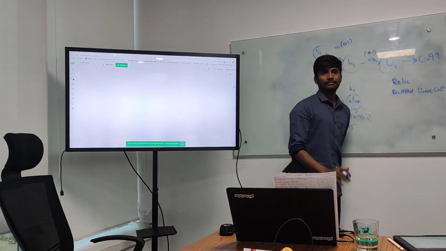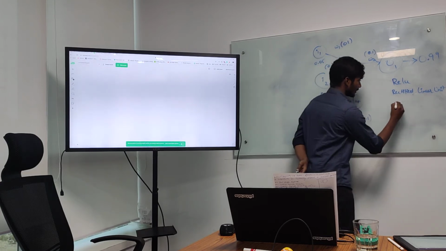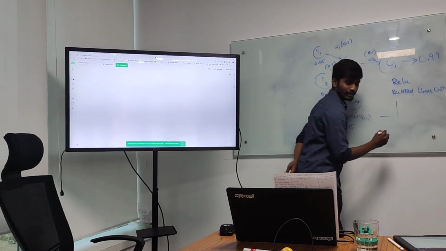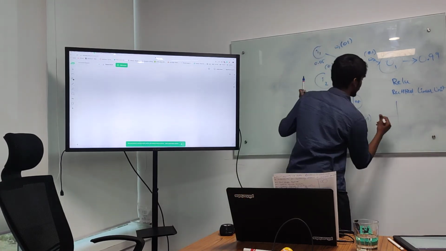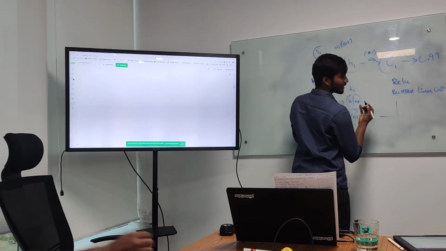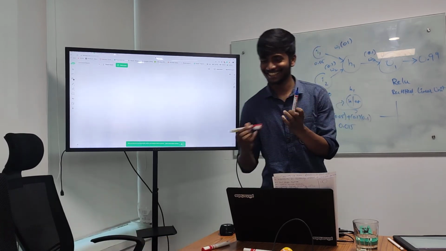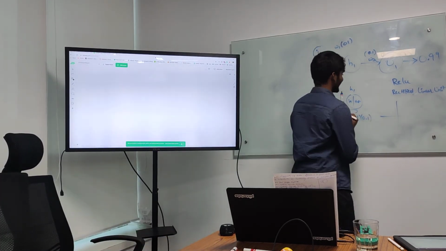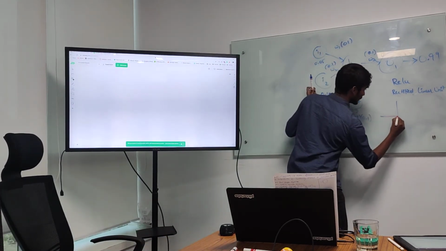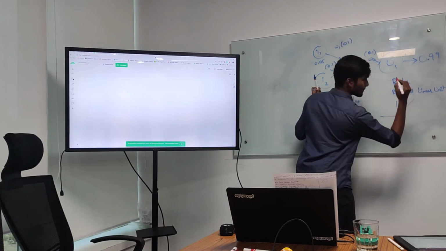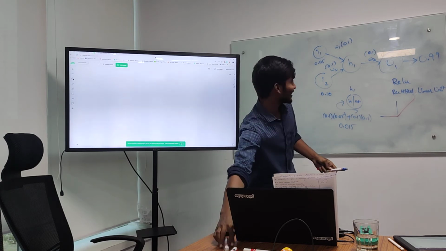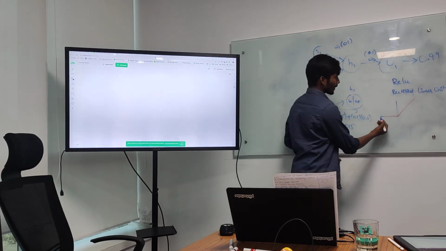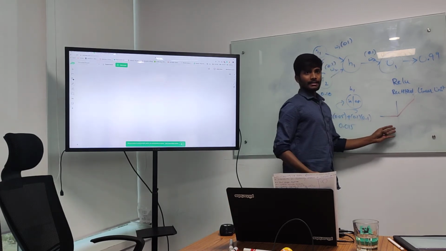Some fancy name, but it's simple. Its graph is like this.